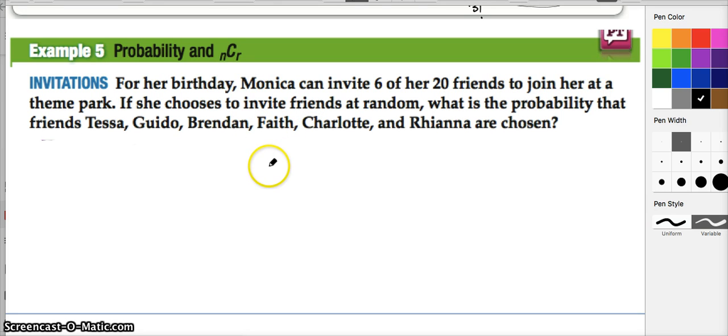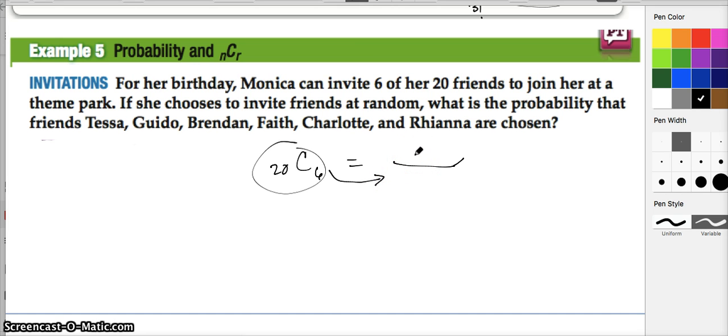So this really is 20 people choose 6 people, and it's a combination, because it doesn't matter if I choose Guido first and then Charlotte second and Rihanna, or if I choose them in a different order. So this is not my probability, but this is the sample size that I'm using.